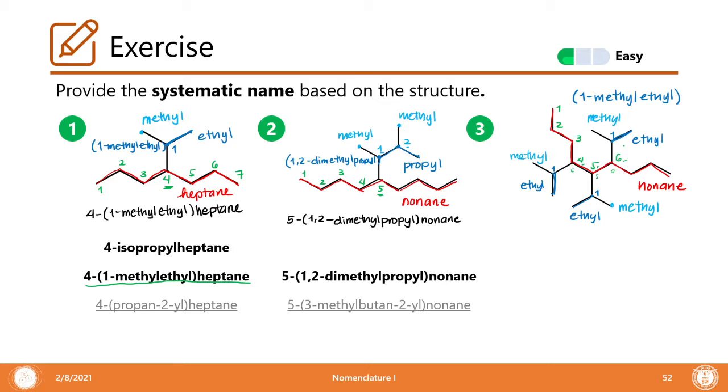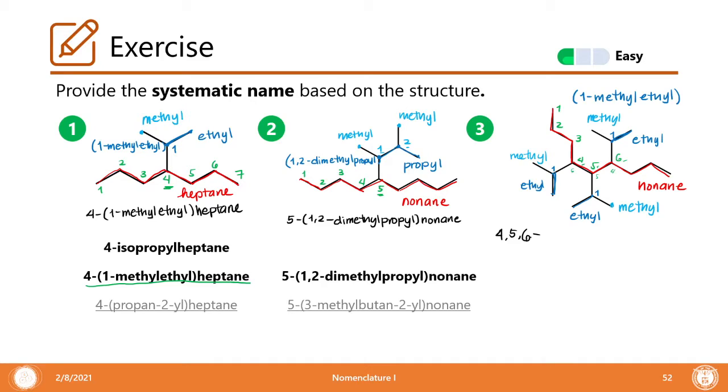I can start from any other direction, as they are all identical. So at positions 4, 5, and 6, I have 3 of these complex substituents.